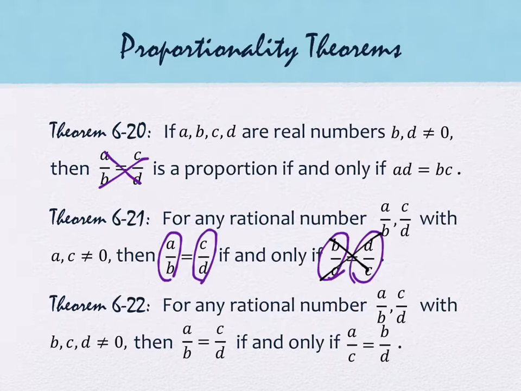Can you tell what's happening on the lower one, on 622? Just in terms of placements of the A's, B's, C's, and D's. What have they done? They switched the B and the C. Yes, they did.